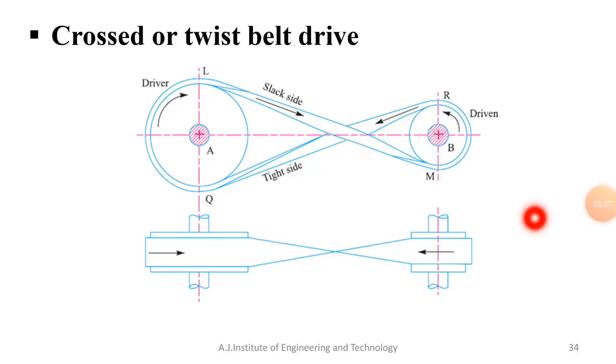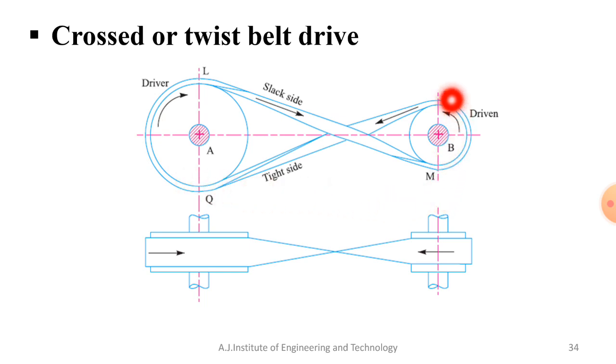One of the important advantages of cross belt drive is the angle of contact, which is nothing but the contact region of the belt and pulley. That is more in the case of cross belt drive than open belt drive. See here, L to Q, this arc length is under contact for the driver pulley.